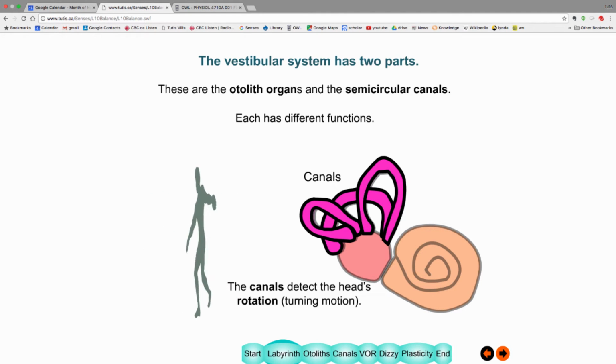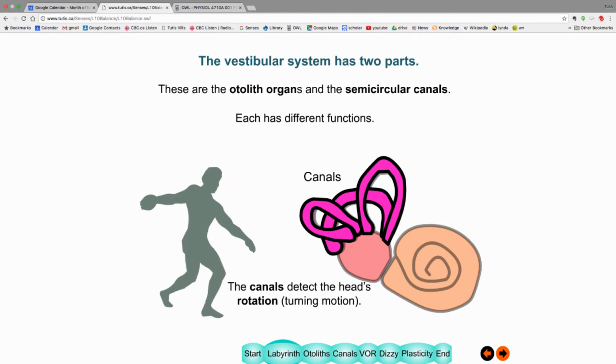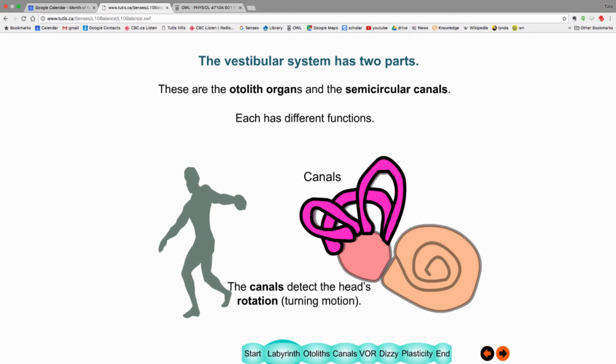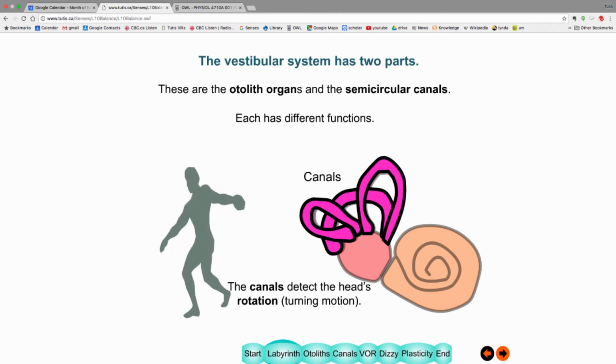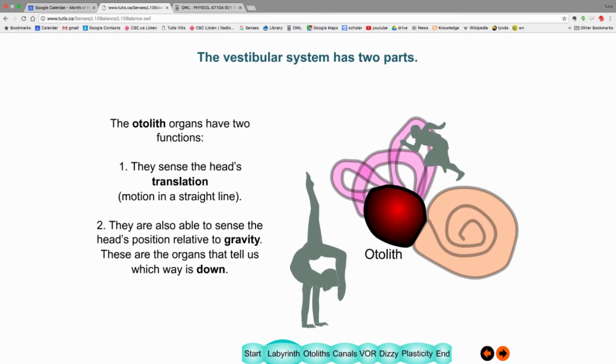Now, within the vestibular system, there's two parts. One is called the otolith, this thing here, and the outside here is called the canals, and each has a different function. Now, the otoliths serve, again, two functions. One is translating.